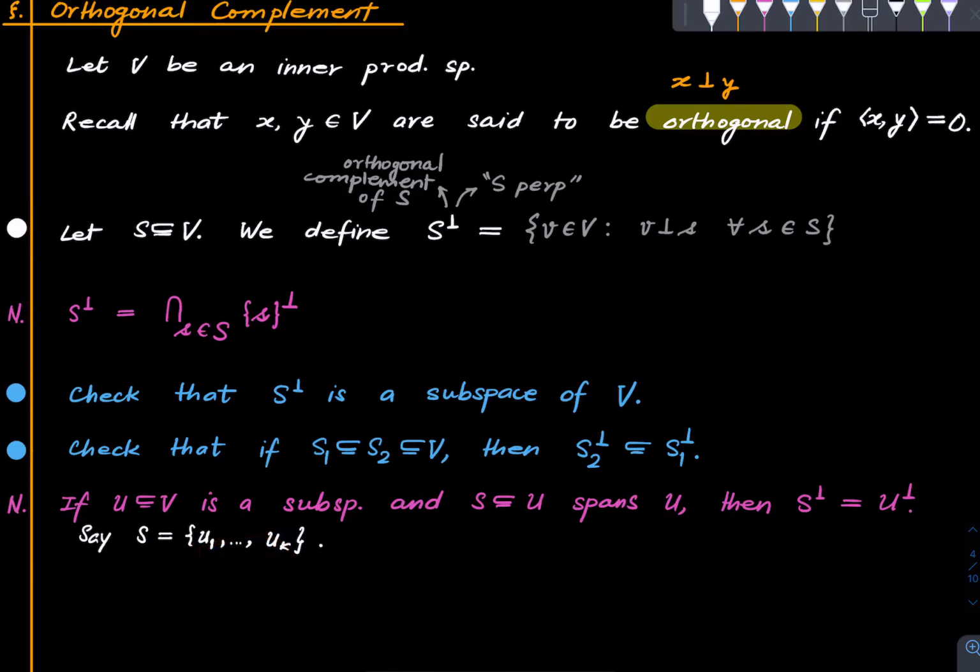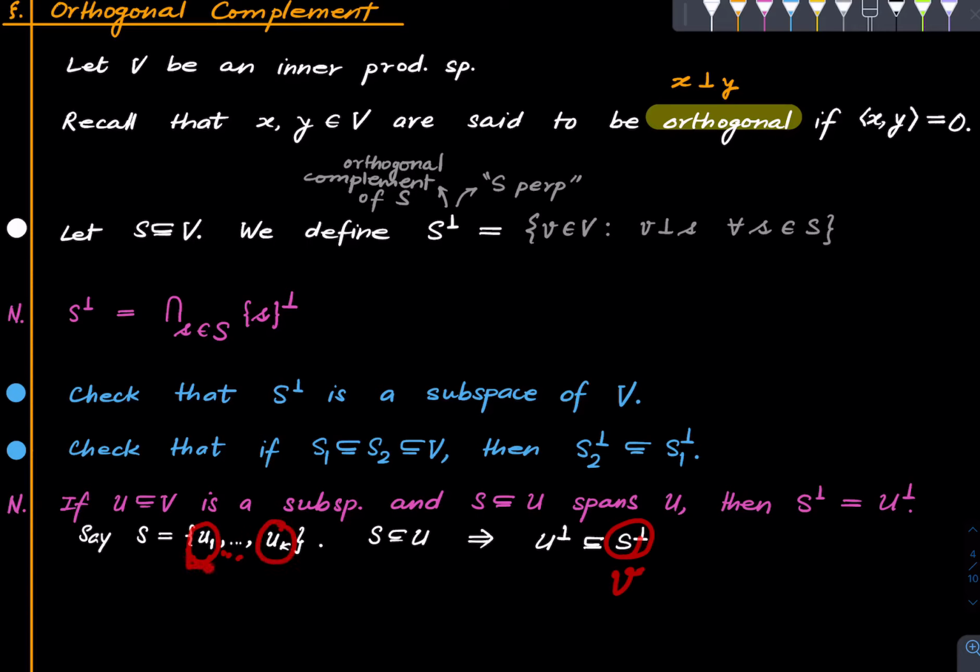So then, simply because S is a subset of U, by the reverse containment fact that we just saw, this containment is already there. So we need to establish the other side. To do that, we pick something arbitrarily and show that it is here. If something is in S perp, let's say V, then V is orthogonal to U1, dot dot dot, V is orthogonal to UK.